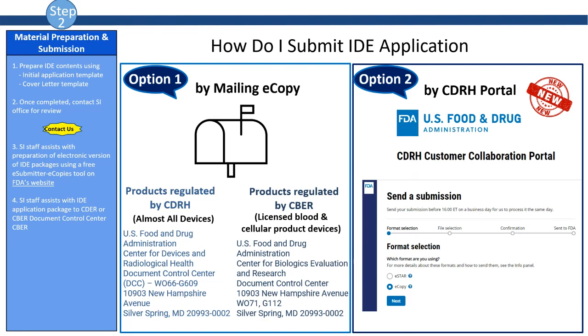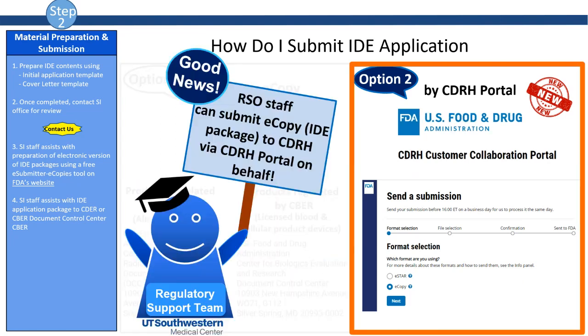Some of you may know how the extent of the multiple tasks and the time involved is for submitting the IDE paper documents. In contrast, the eCopy path offers a lot of convenience for submissions just with the sign up for the portal account, for which you don't need to be a sponsor.